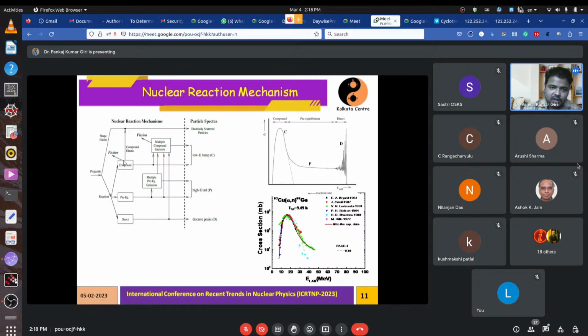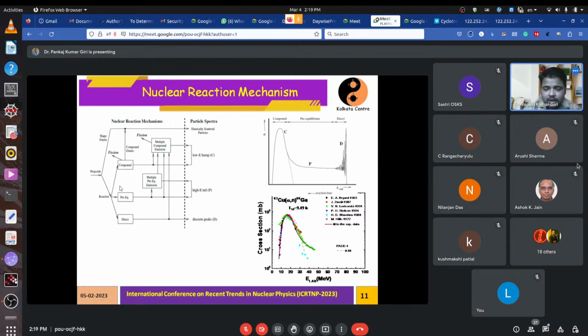That compound nucleus may go through fission, or multi-particle emission, and if it is forming the compound or composite system, then we will expect our cross section at this particular energy range and this particular spectrum will be observed.